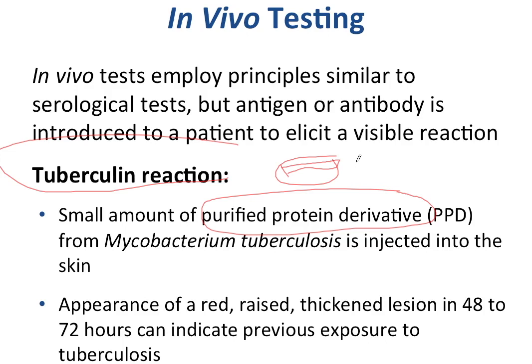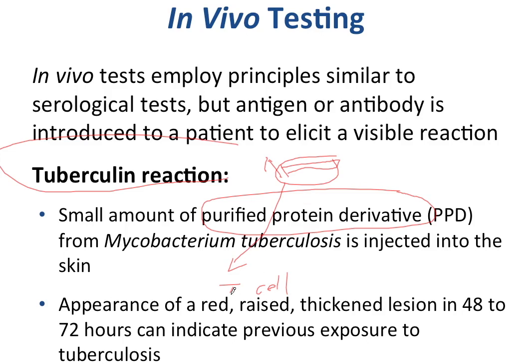Okay, so if this protein fragment is recognized by the patient's T cells, because tuberculosis is an immunological disease, the T cells will be involved in killing tuberculosis.